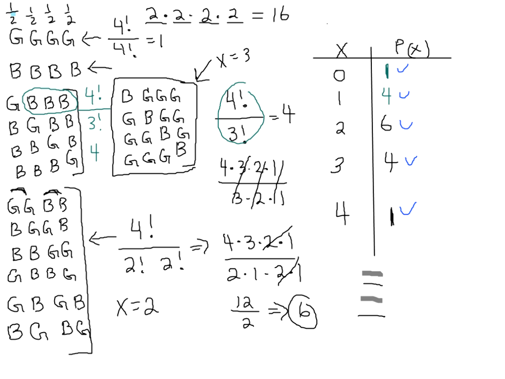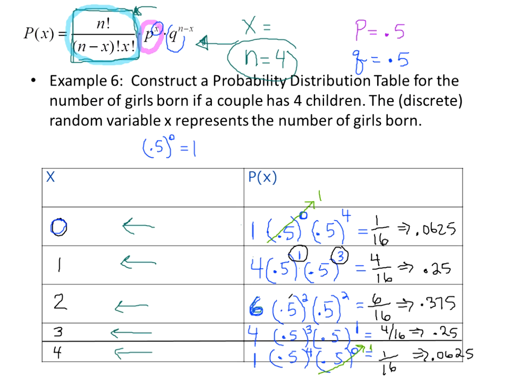That's 1/16. That's what we ended up with over here, 1/16. So we can also get our probabilities just by looking at our sample space and multiplying the probabilities together.